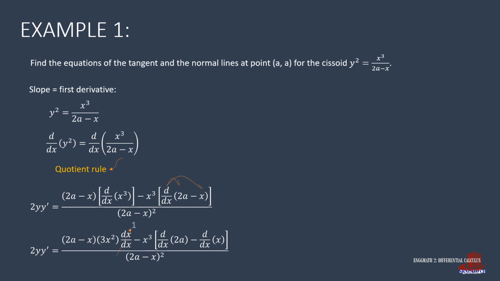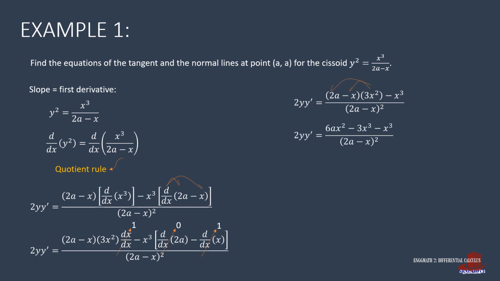dx all over dx is 1, and d of 2a with respect to dx is 0. So we have 2y prime is equal to the quantity of 2a minus x multiplied by 3x squared minus x cubed all upon the square of 2a minus x. Distribute 3x squared to 2a and x.